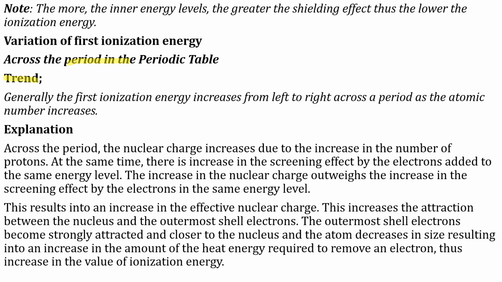Now, here we are saying that generally the first ionization energy increases from left to right across a period as the atomic number increases. Why do you think first ionization energy is increasing from left to right across the period? Notice that in this explanation, as I told you, to explain periodicity terms the same way, you are going to look at nuclear charge and what causes it.